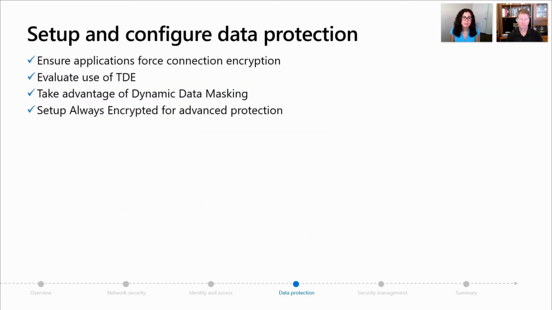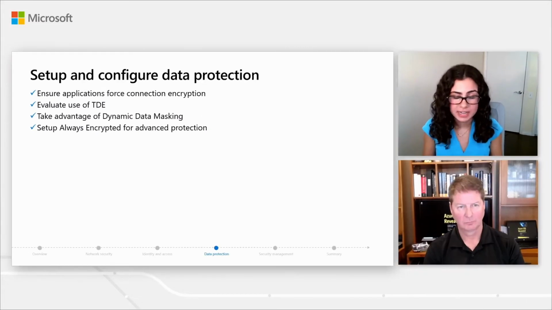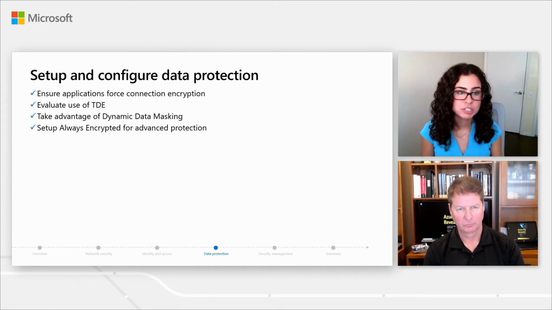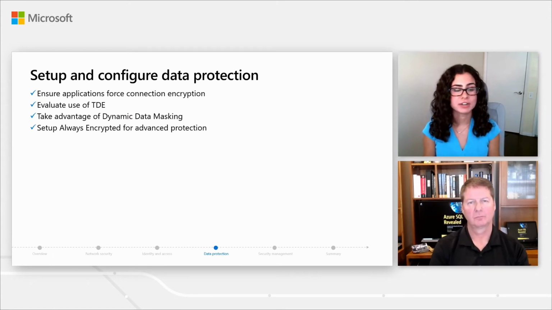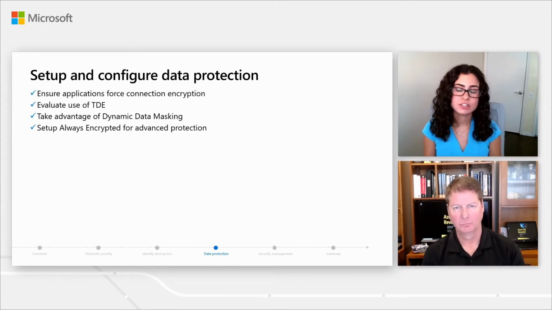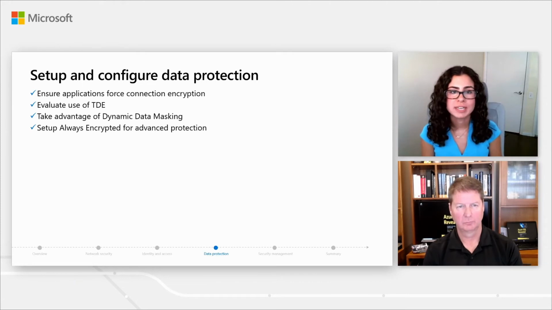Now, if we take a step back and think about the tasks associated with setting up data protection and encryption, there are a few things you might want to consider. Using TDE: if you have a new database, by default, TDE is going to be turned on. So you want to evaluate the use of that, especially if you're migrating, because it might not be on by default.